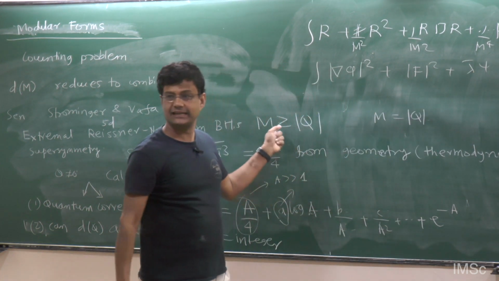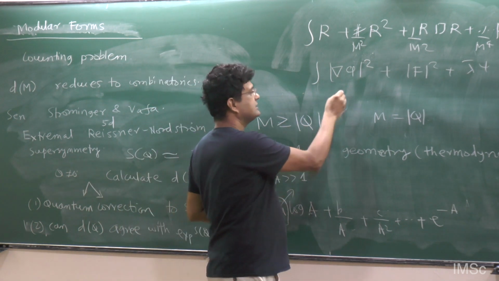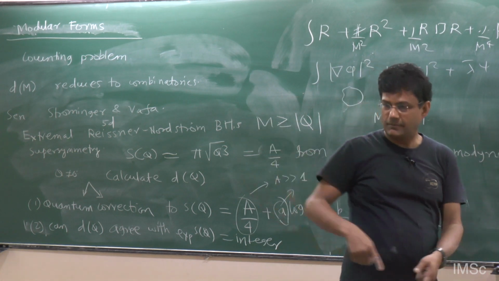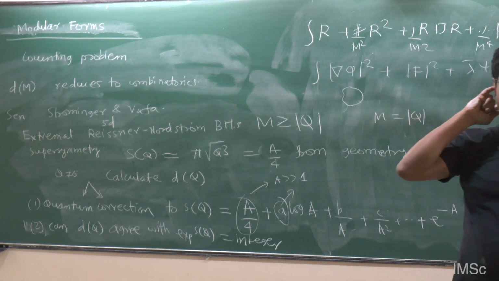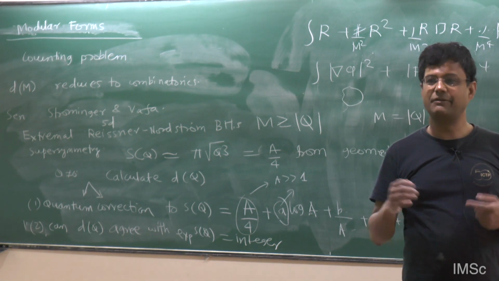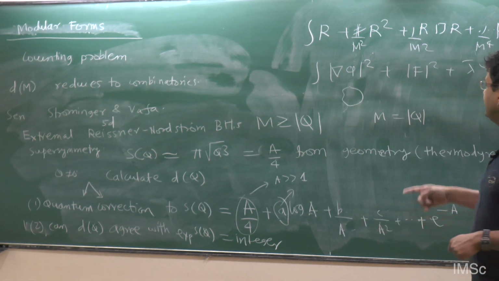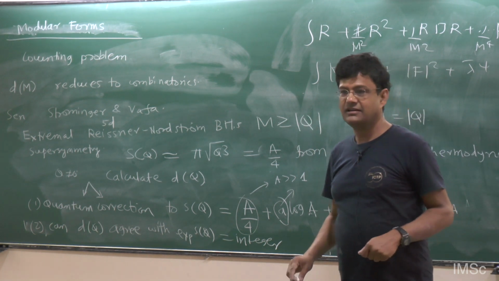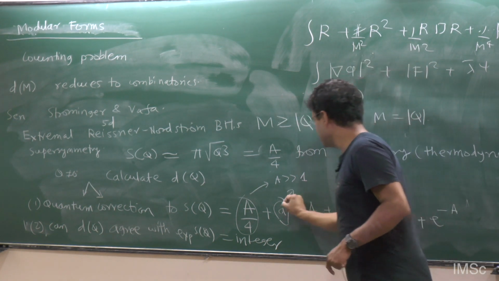And the one loop correction is obtained by just looking at one loop diagrams of all these particles in the black hole background. It's a bit of a heroic calculation, but you can sit down and just do it. People have done that calculation, and it agrees. So the one loop calculation will only give you this coefficient.